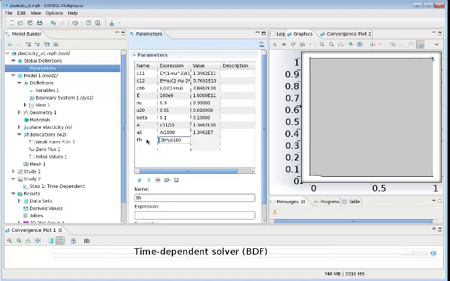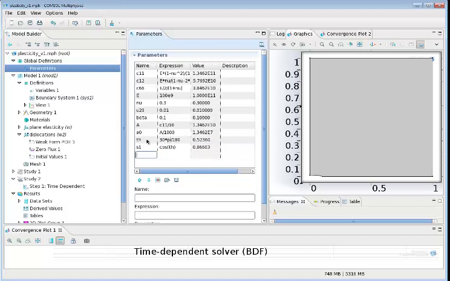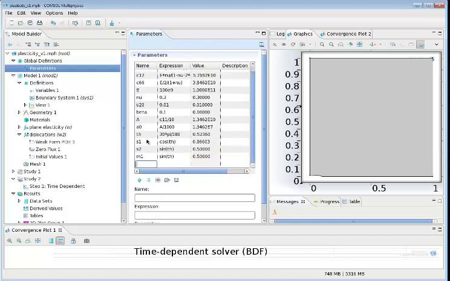Now S1 will be cosine theta, S2 sine theta, and if memory serves correct, this one will be sine theta, M2 minus cosine theta. Alright, I think we've defined everything.